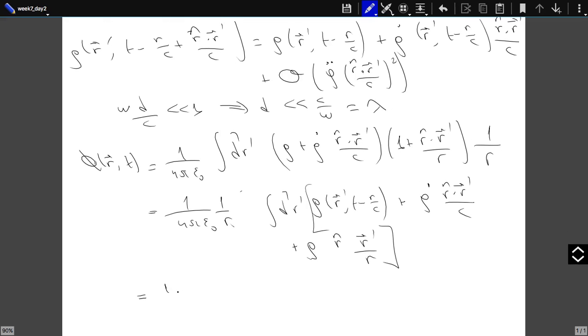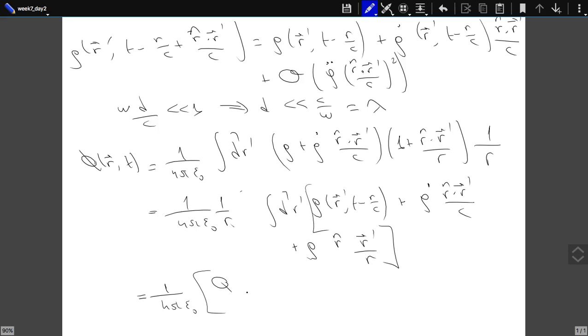Which is equal to 1 over 4 pi epsilon 0. Now the first term is just the volume integral of the charge density. It is the total charge. Well, the total charge at the time t minus r over c. But I'm kind of assuming that I have in mind this isolated system.